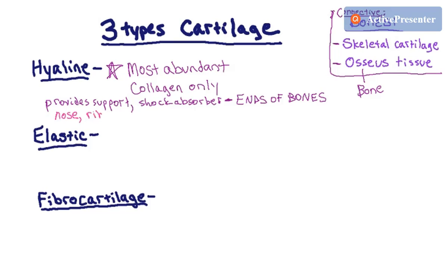It's just cartilage, and hyaline cartilage is what that nose is made of. Your ribs, your larynx, and the list could go on. Now your elastic is the most stretchy.